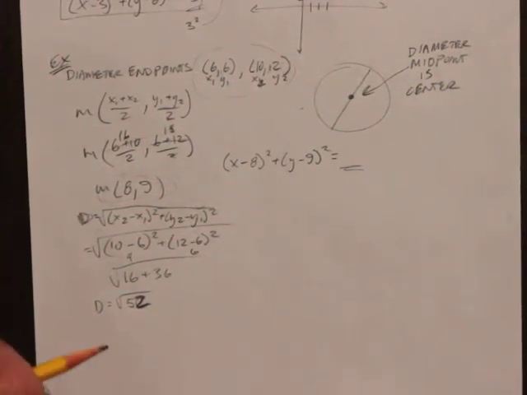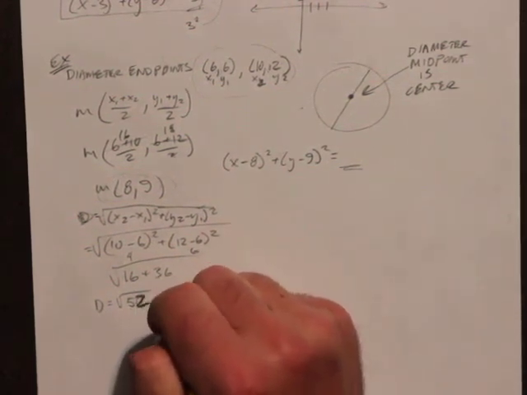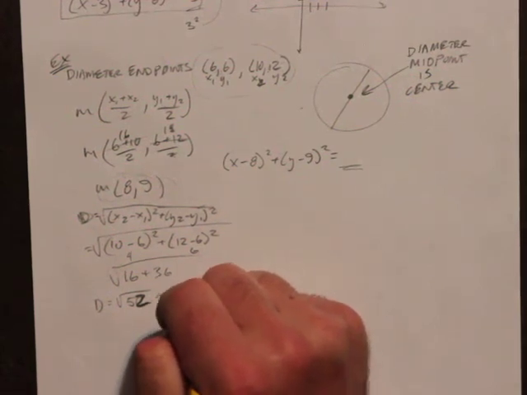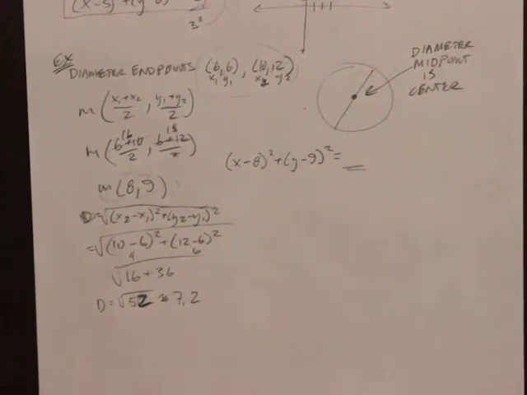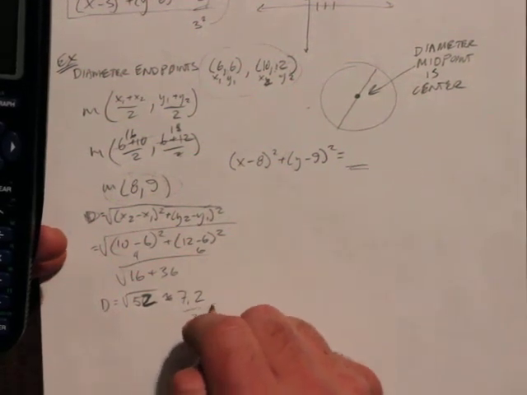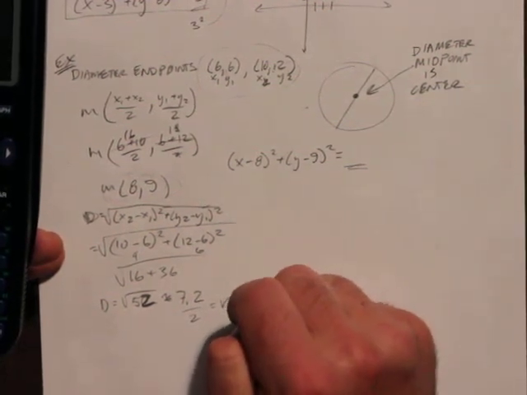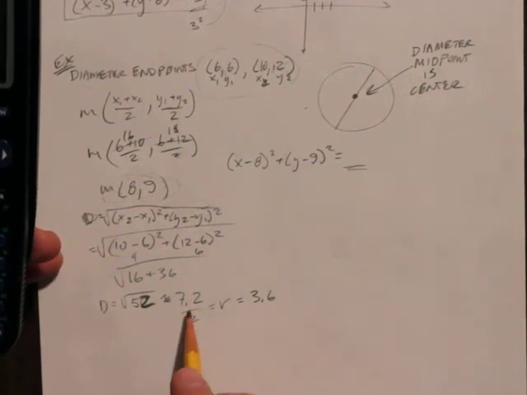All right, so I take the square root of 52, and I get approximately 7.2. We'll just leave it like that. And so I need to take half of 7.2 to get my radius. That means 3.6 is going to be my radius.